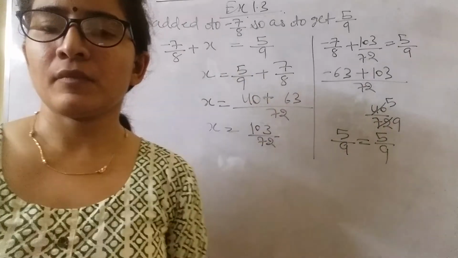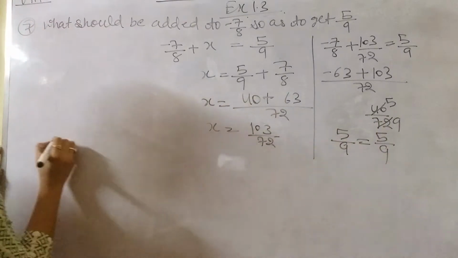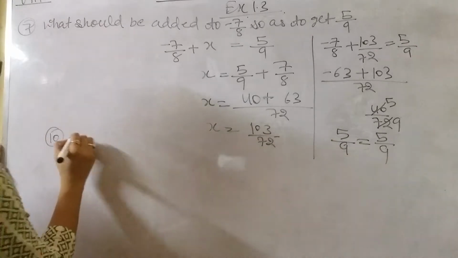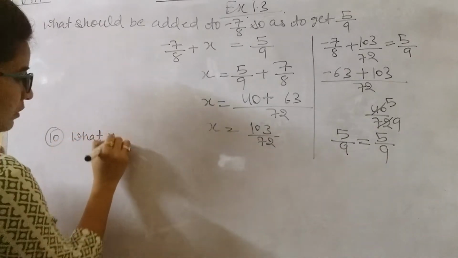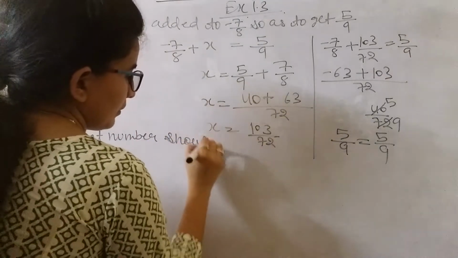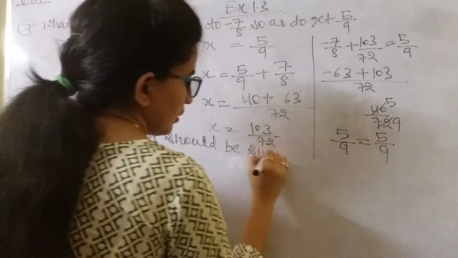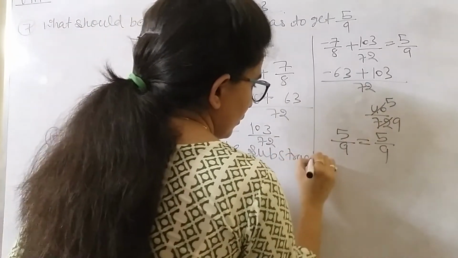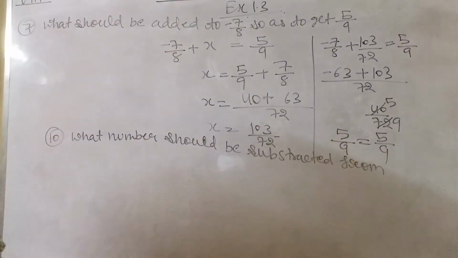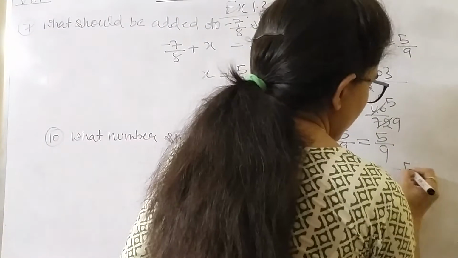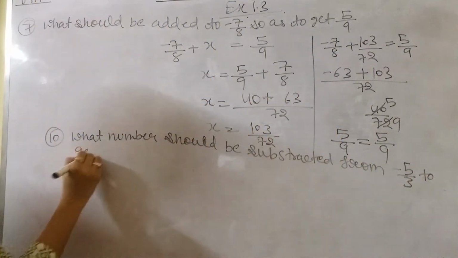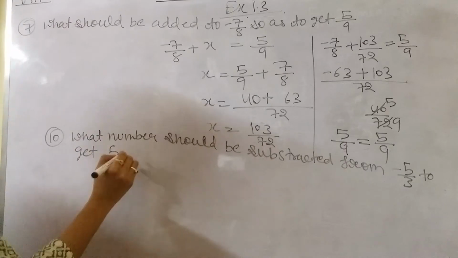Now question number 10 is, what number should be subtracted from minus 5 by 3 to get 5 upon 6.